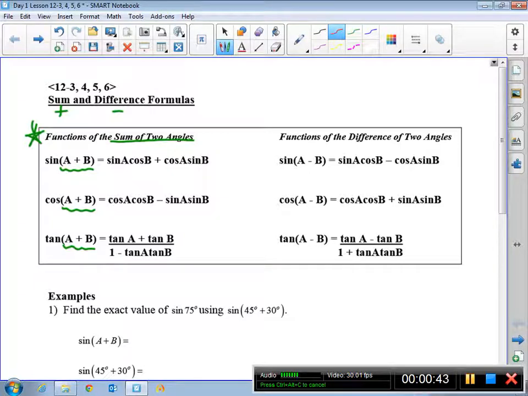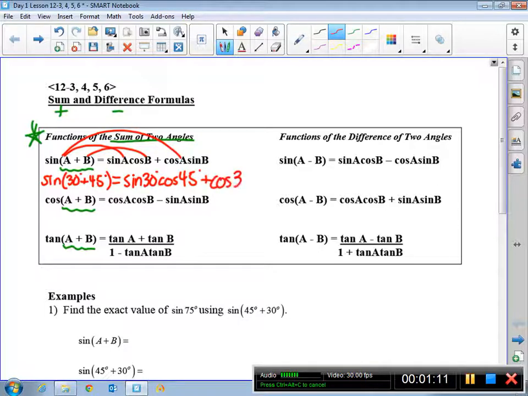So if I'm looking for the sine of, let's say, the angle of 30 degrees plus 45 degrees, then I use the formula: sine of A, which is angle A, sine of 30 degrees, cosine of B, which is angle B, cosine of 45 degrees, plus cosine of angle A, so cosine of 30 again, and then sine of angle B. So we're really just using the angles, filling them in for the angles A and B. And then we would go and work all of that out.